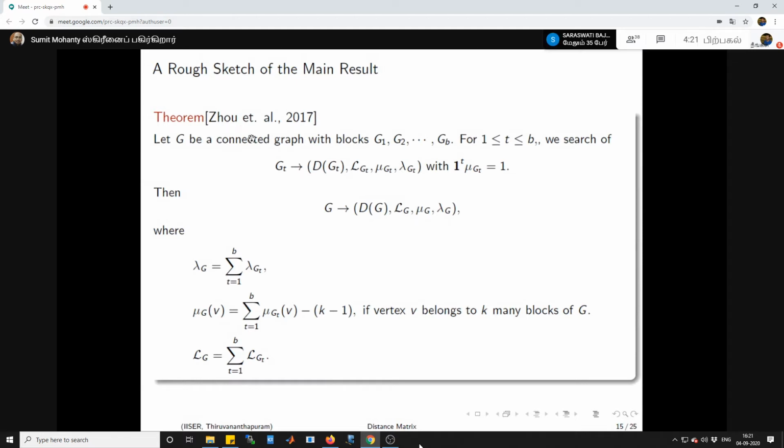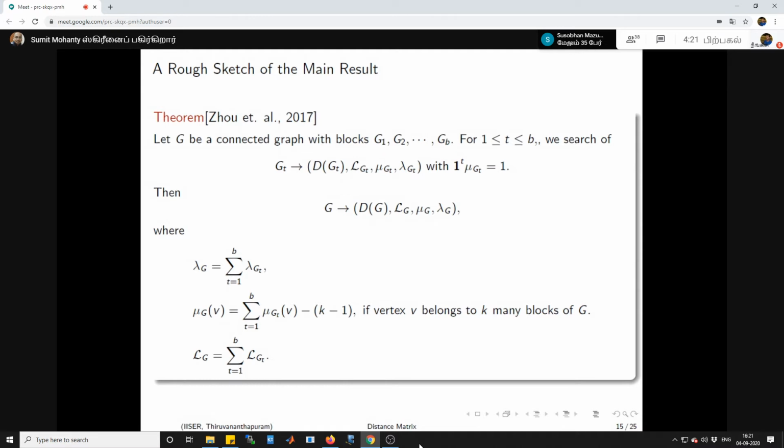Bapat and Sivasubramaniam proved it when each of the blocks is a complete graph. But in this case, Zhao proved it for any block, independent of the structure. That's why it is a generalized result, but the idea is more or less the same.